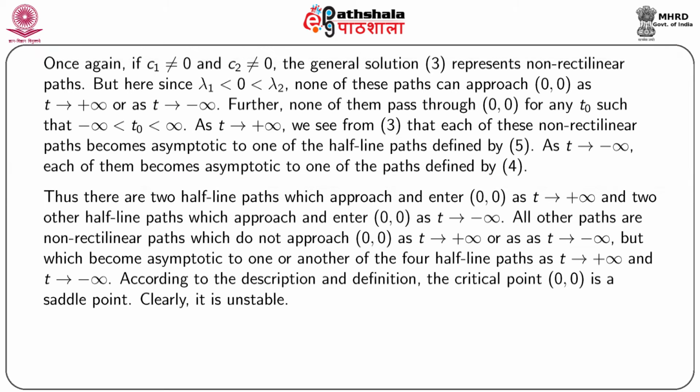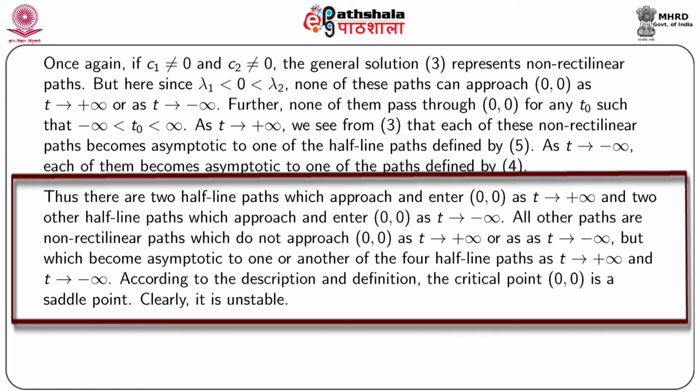Therefore, there are two half-line paths which approach and enter 0 as t tends to plus infinity, and two half-line paths which approach and enter 0 as t tends to minus infinity.